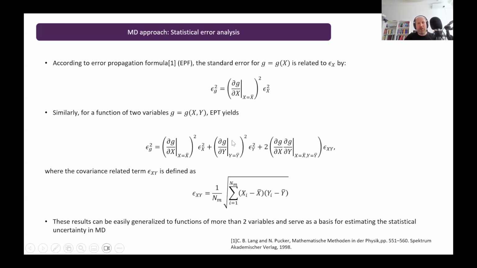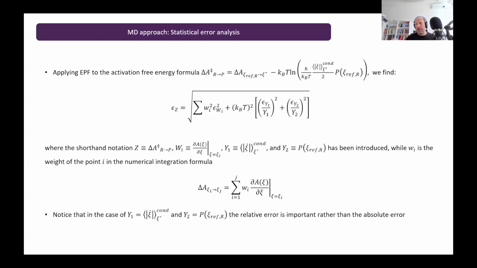And of course, the partial derivatives of our function with respect to X and Y are involved in this equation. And this can then be easily generalized to the case of a function with more than 2 variables, okay? And this is the basis for our statistical uncertainty estimates in molecular dynamics.